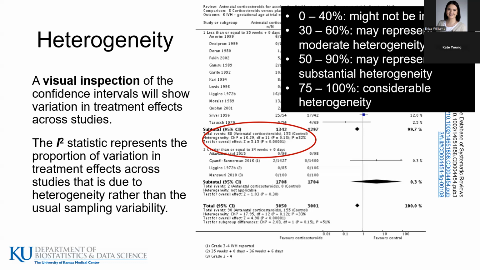If it's 0 to 40%, these methodological differences may not be important. 30 to 60 represents moderate heterogeneity. And then as it gets higher, these represent substantial or considerable heterogeneity.